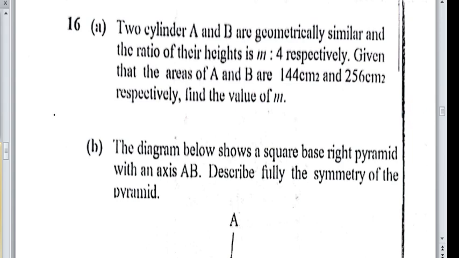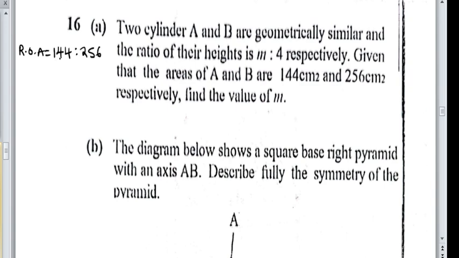So look at this. That is what we've been given. So if their areas are 144 and 256, then the ratio of areas will be 144 to 256. Now I can simplify this.